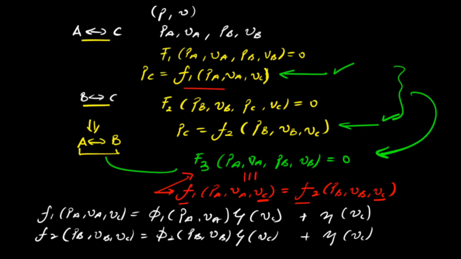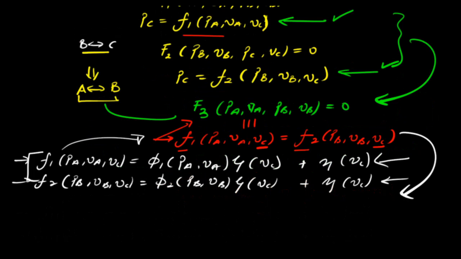Now let's say we have functions of this form, f1 and f2, and we substitute them in this equation in red color. Clearly, the dependence on Vc is going to cancel out.